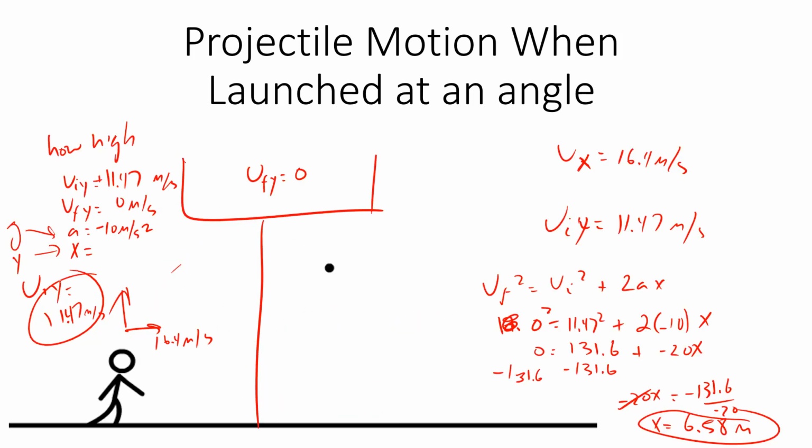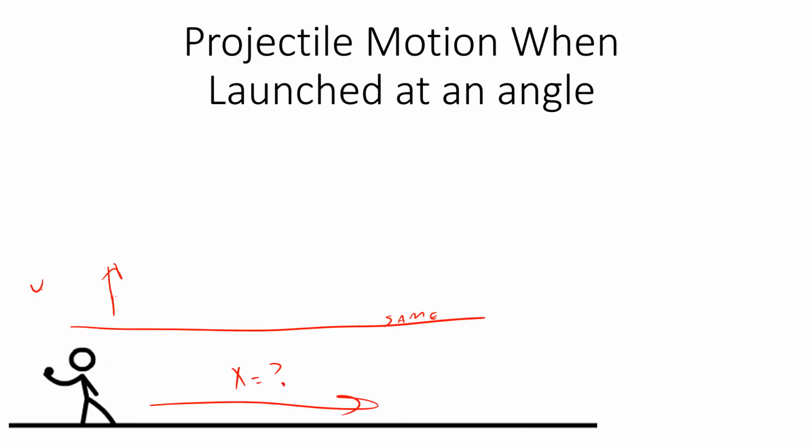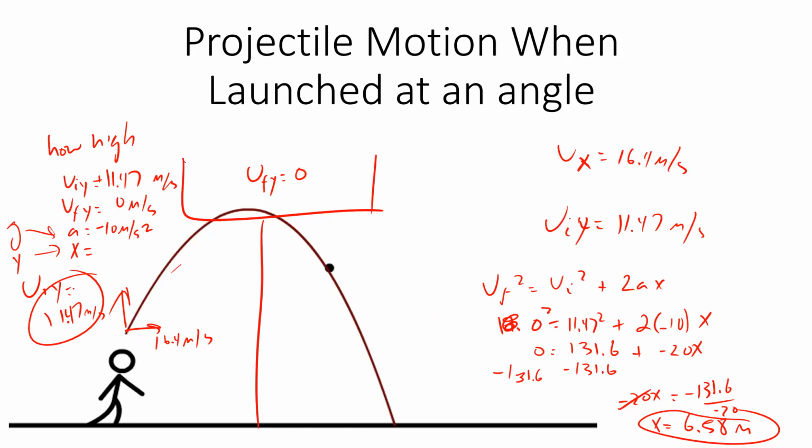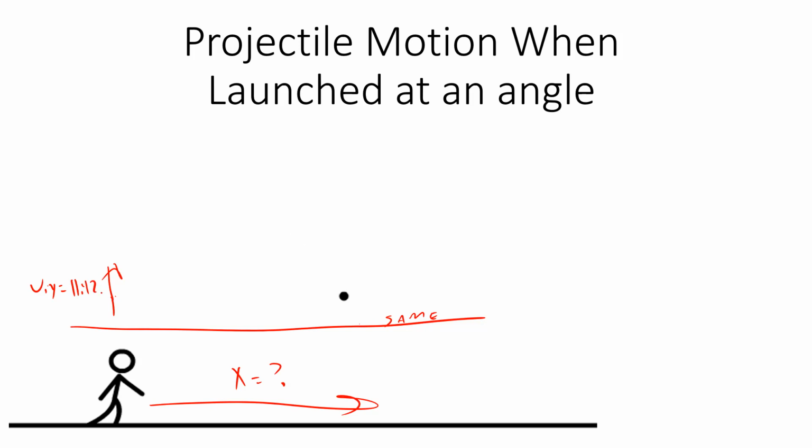Well, our V_iy, which we solved for before, I forgot already what it was, equals 11.47 meters per second. Our acceleration this whole time is 10 meters per second squared down, and we'll make that negative because up is positive.